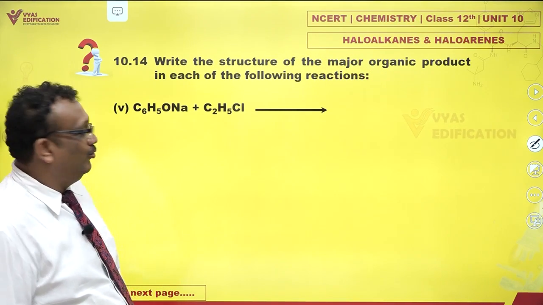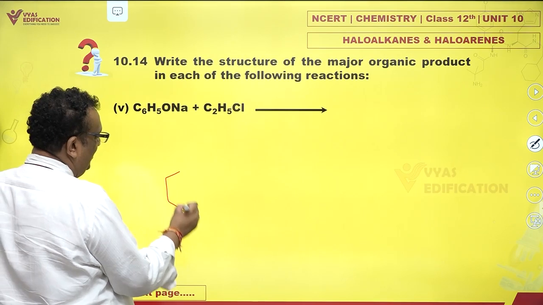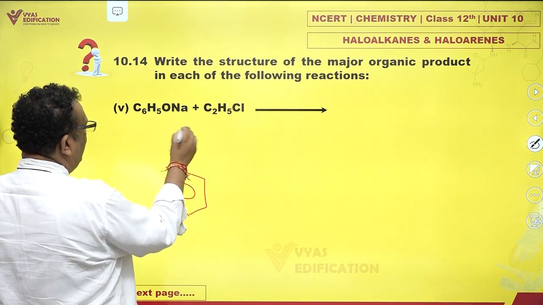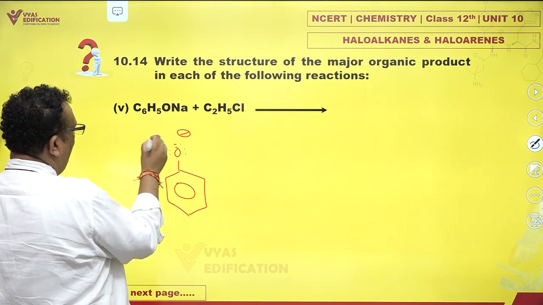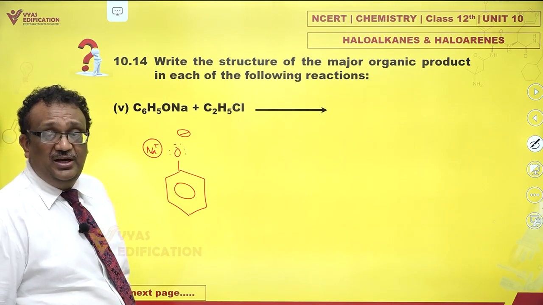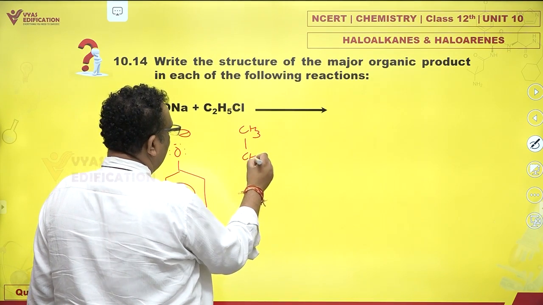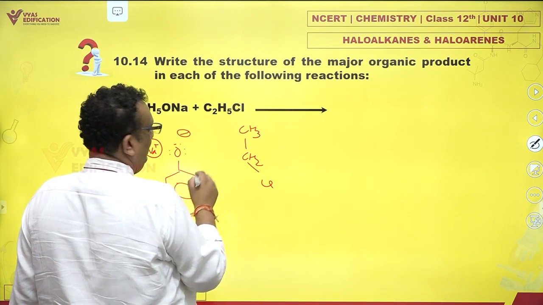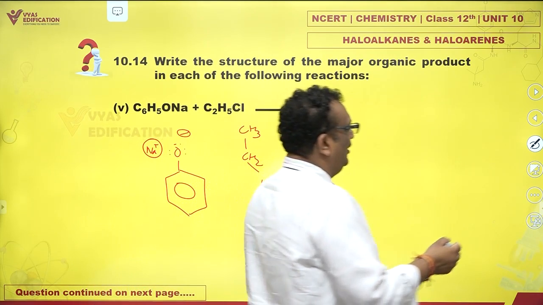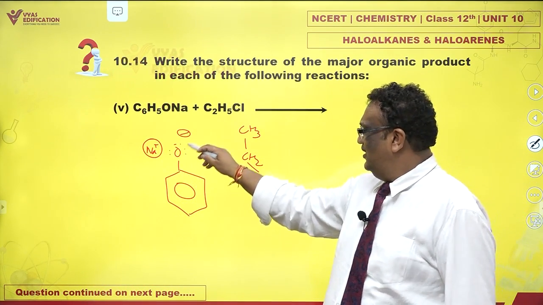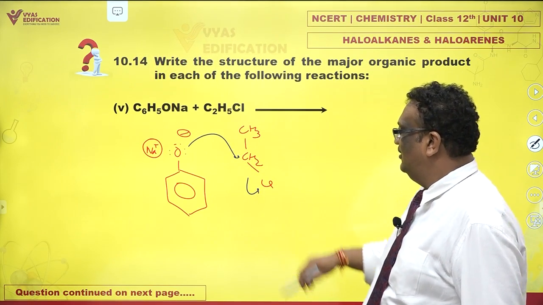C6H5ONa plus ethyl chloride. Now, in this case, you have a strange nucleophile, the huge and bulky phenoxide ion, and you have CH3CH2Cl. How do they react? Can you draw the arrows and show me the reaction? That's not difficult. Attack, crack.